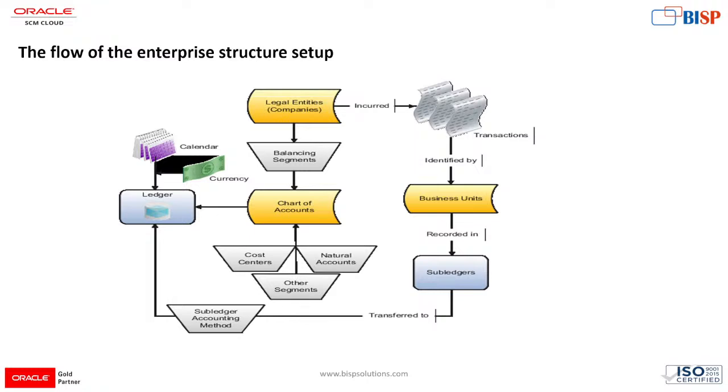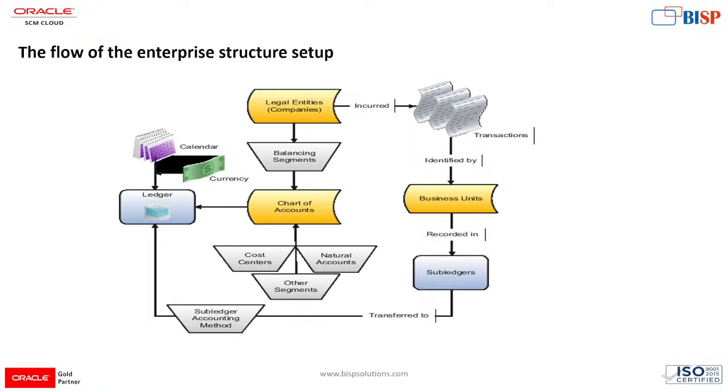Once you get started with your chart of accounts, calendar and ledger, making changes to their fundamental attributes is either recommended against or not supported. This includes your chart of accounts segments, including the segment labels as well as other characteristics of those segments, and your calendar structure or pattern.